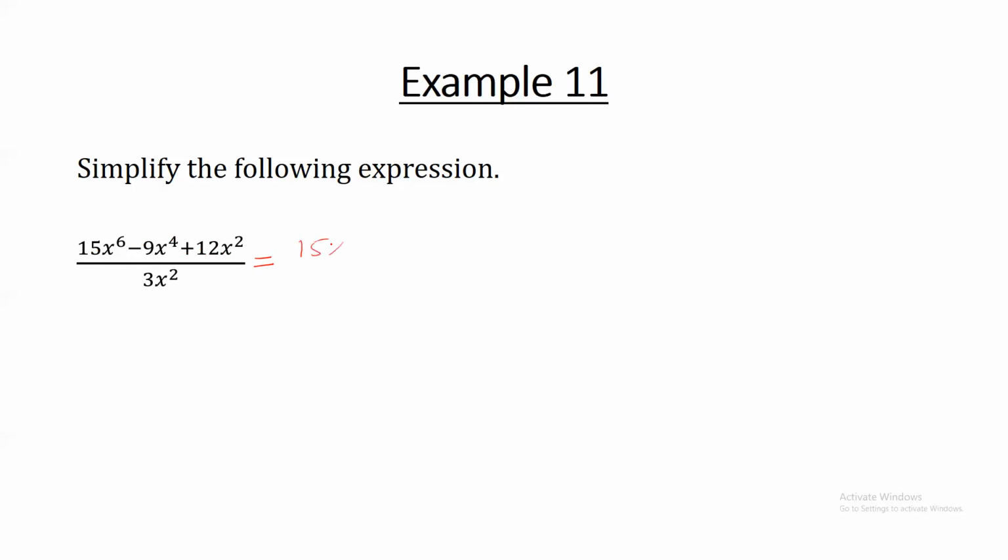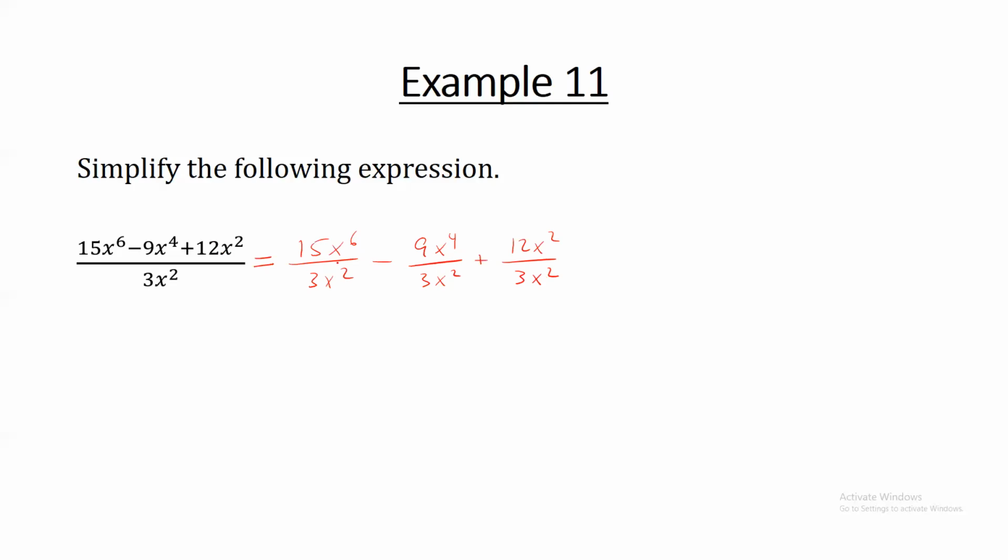So 15x to the 6th over 3x squared minus 9x to the 4th over 3x squared plus 12x squared over 3x squared, just like we did in earlier sections.